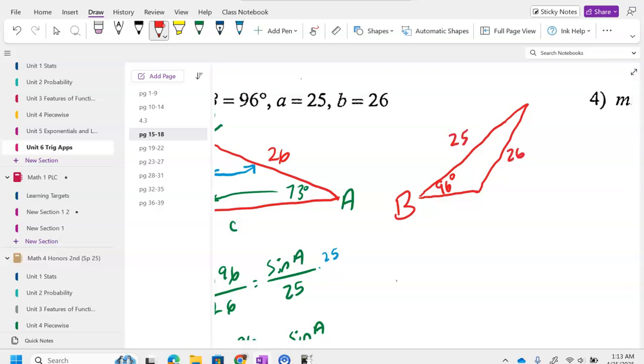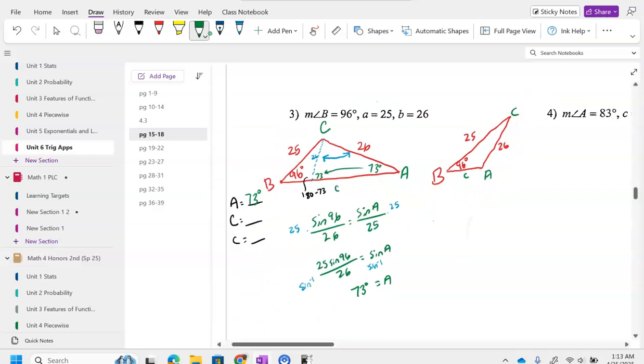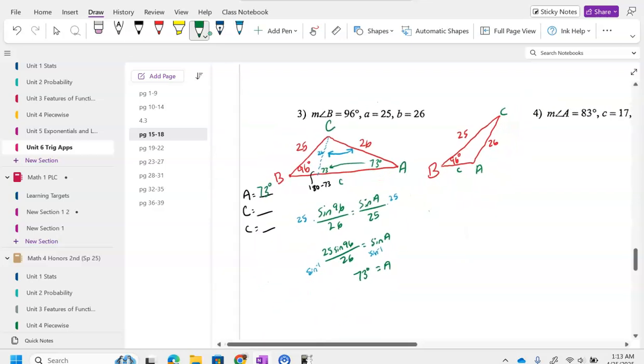It's just that now we have new values for those three things. So we were looking for A, C, and lowercase c. Well, in the second triangle, we're still looking for A, C, and lowercase c.